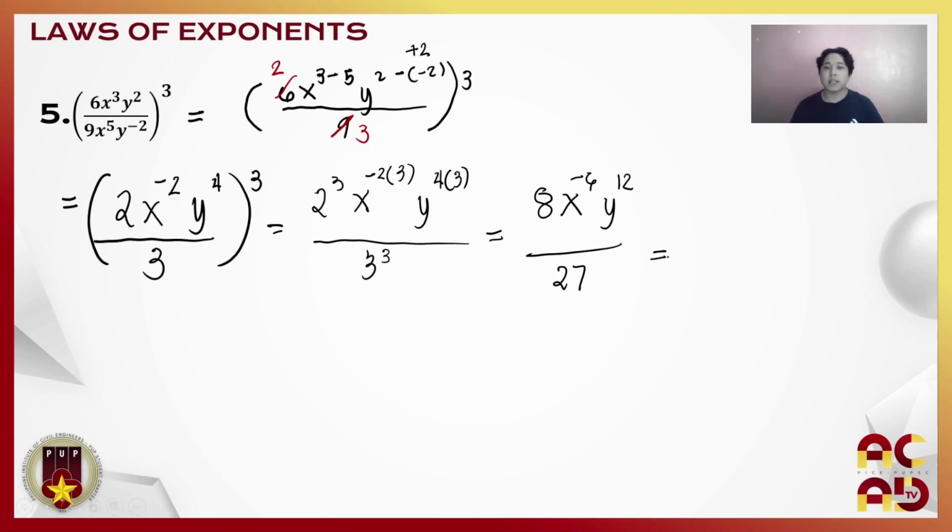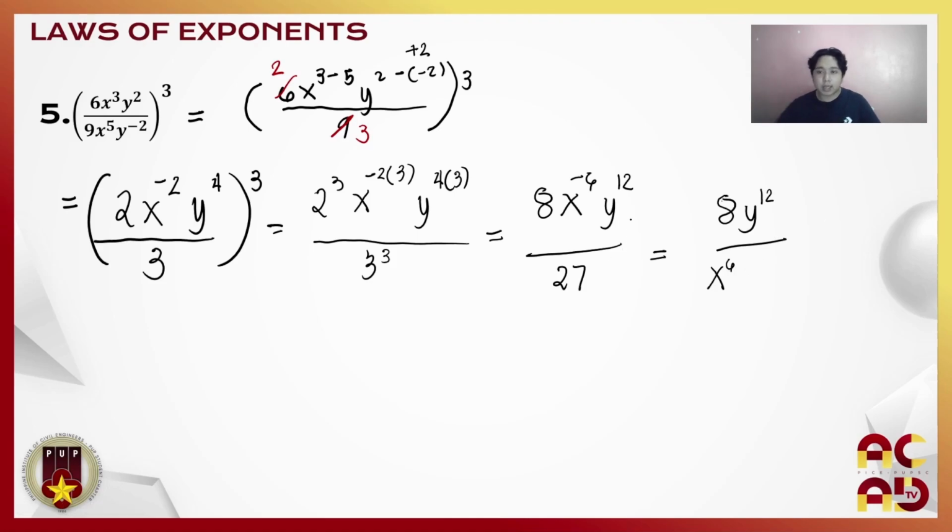So, simplify na natin. Since itong numerator natin may negative exponent siya, so reciprocal ulit natin. So, matitira lang sa numerator is 8 y raised to 12 over etong magiging x raised to 6 natin, 27.